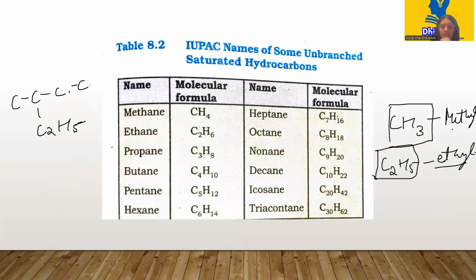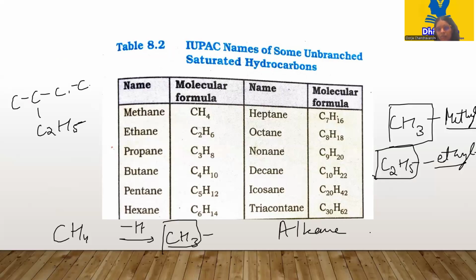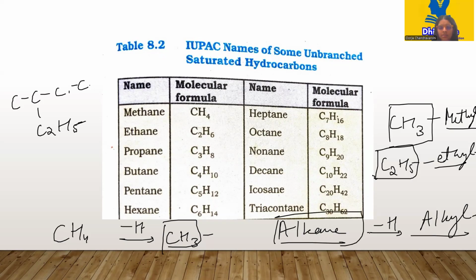How am I getting methyl and ethyl? From the alkane itself. CH4. If I remove one hydrogen, what I get is CH3. This is a methyl. So if you remove one hydrogen from an alkane, you get an alkyl. This is the basic idea of writing the alkyl groups.